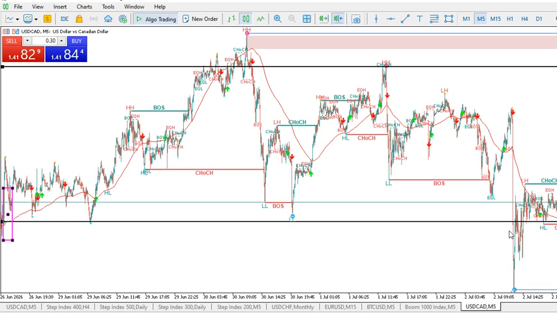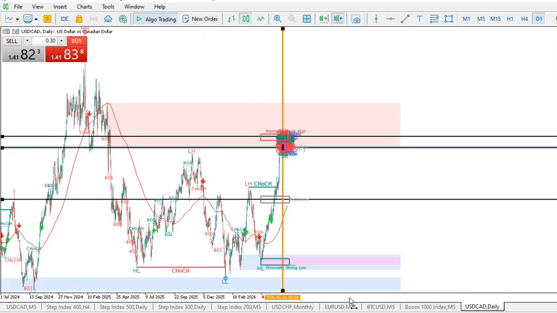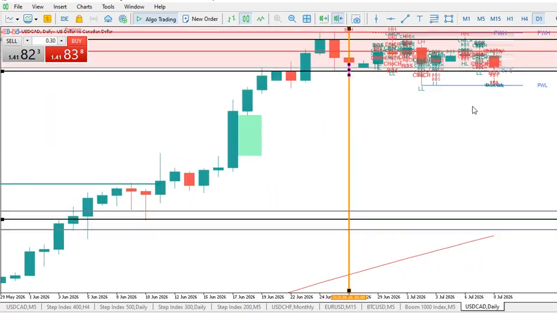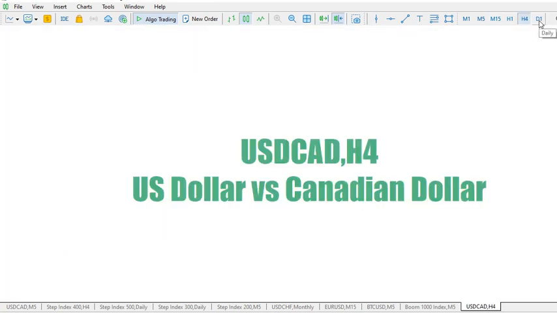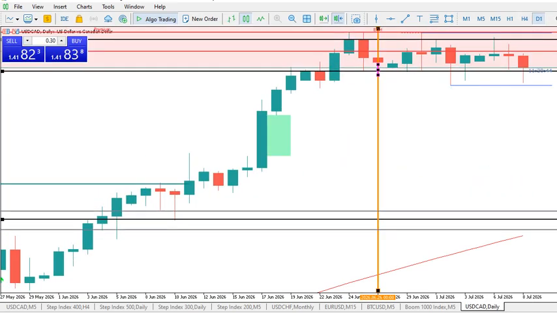So that is it. Currently we are seeing a beautiful trade happening on the daily time frame. I think it's the daily. Yes, it's the daily. Beautiful trade happening right here.